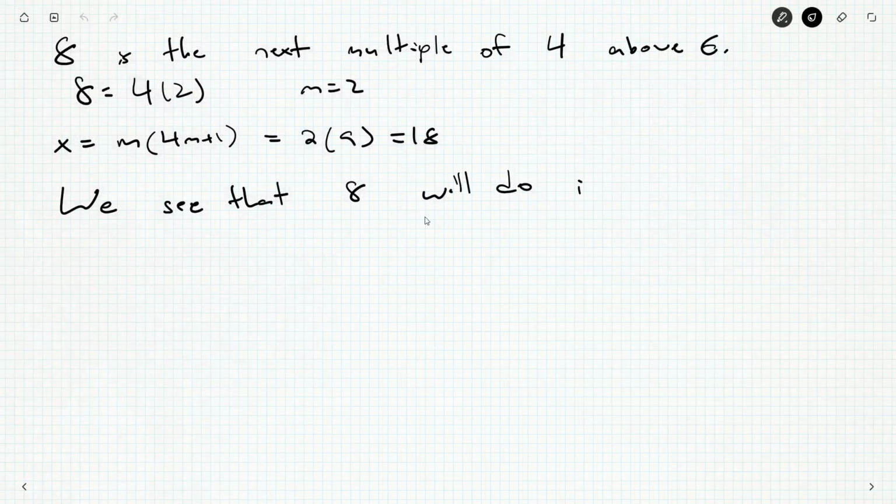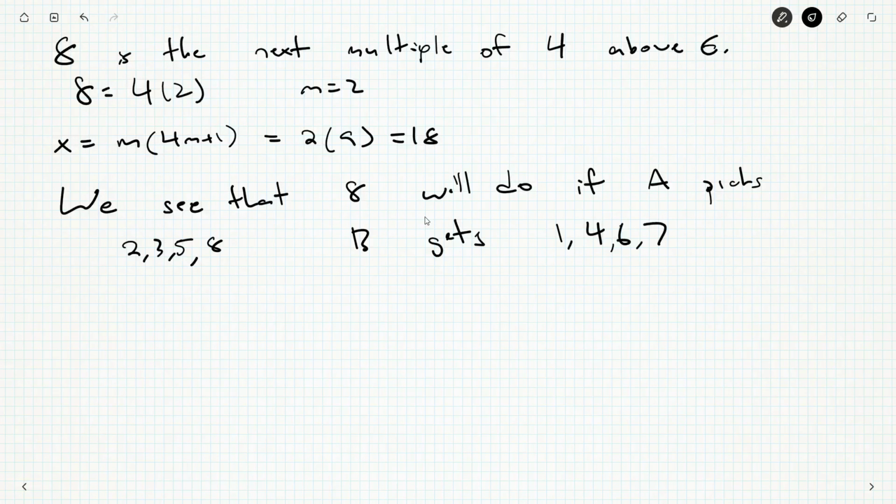So I'll deal with that in just a second. So 8 will do if A picks 2, 3, 5, and 8, and B gets 1, 4, 6, and 7, and that adds up to 18 as well.